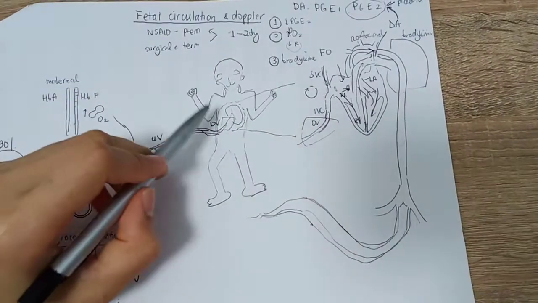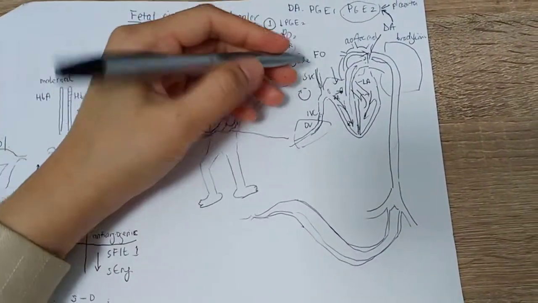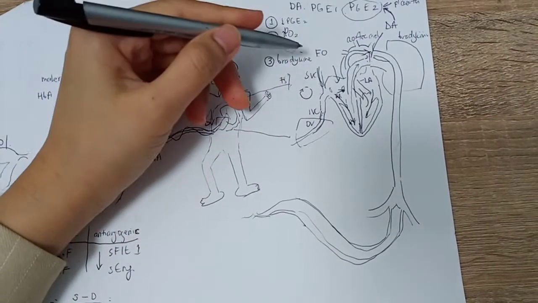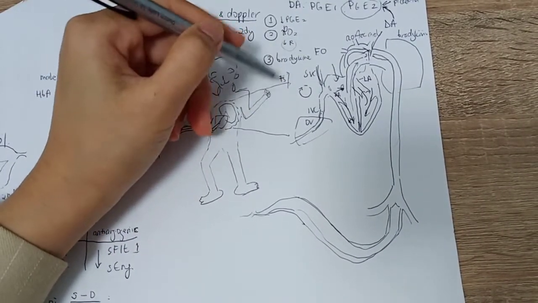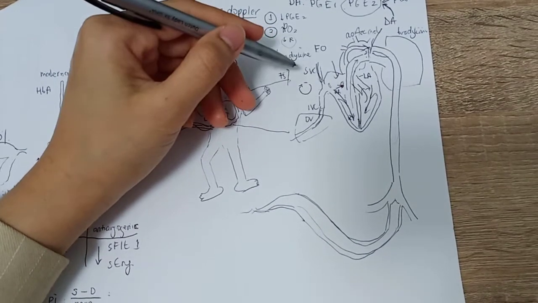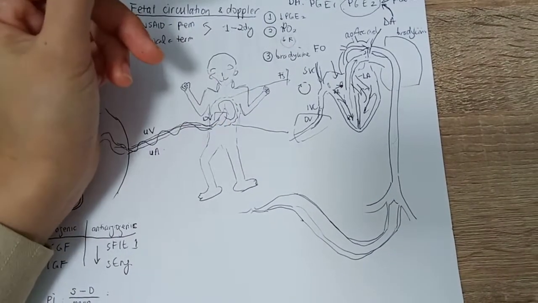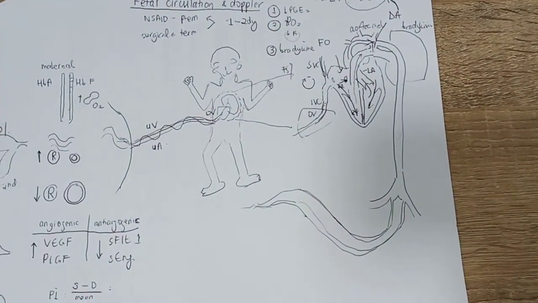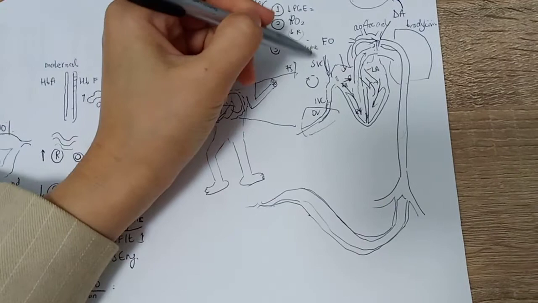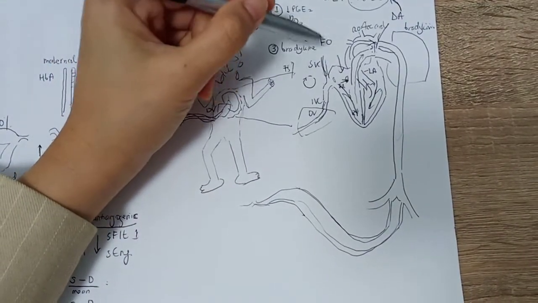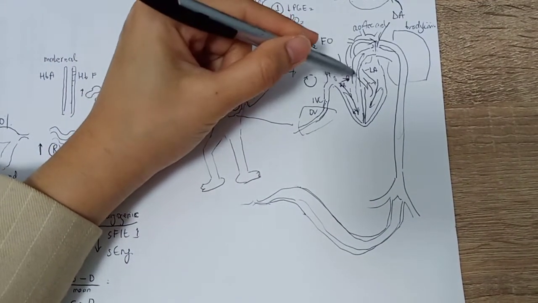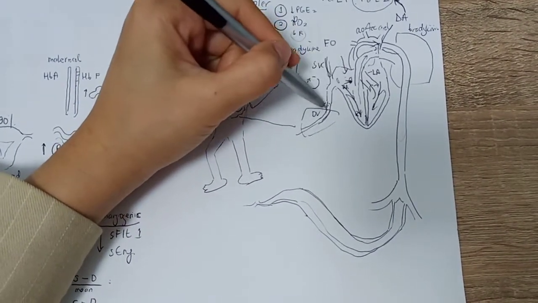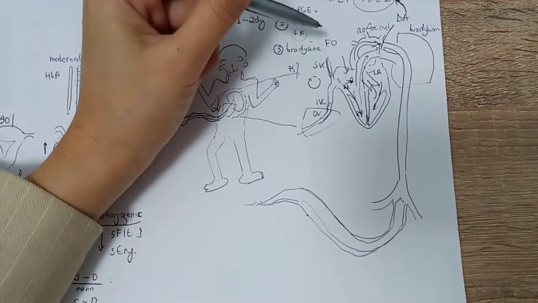Okay, the foramen ovale usually, about 75% will close right after birth, and another 25% will remain open about 6 months after birth, but we still call it the patent foramen ovale. Basically there is not much issue with the foramen ovale if it remains patent, because there will only be a mixture of oxygenated and deoxygenated blood.